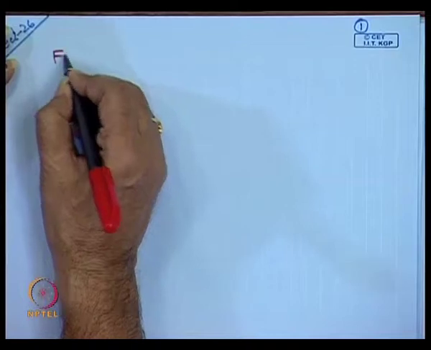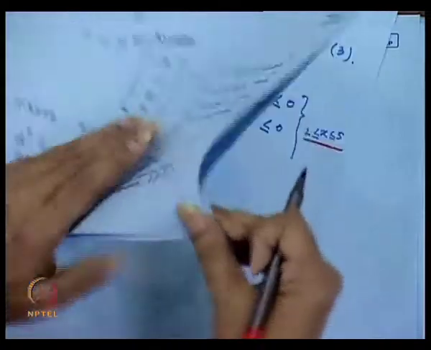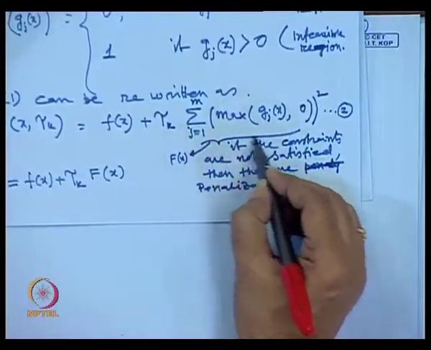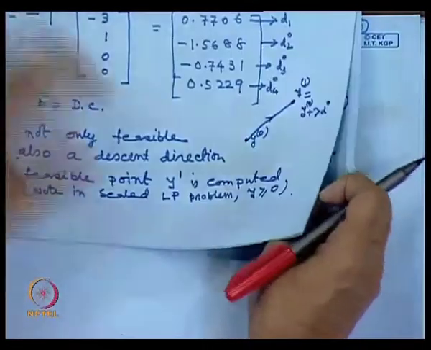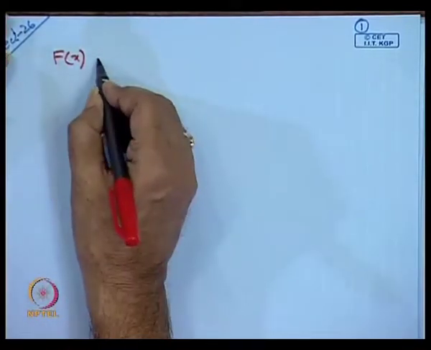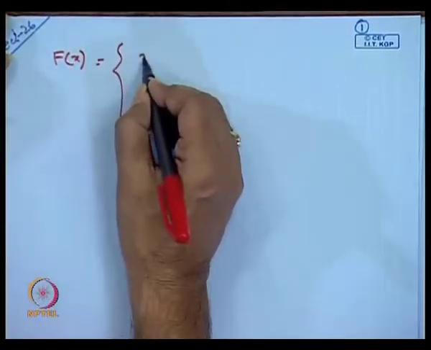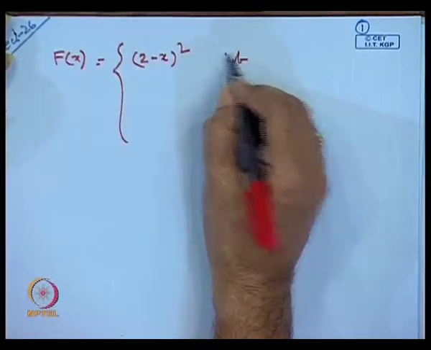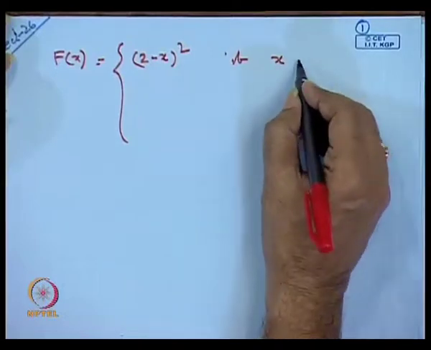That is what we discussed last class. Equivalently, we can write it this way. What we have defined is the penalty term of f of x, and I am writing that term now. Penalty term f of x equals 2 minus x whole square if x is less than 2.